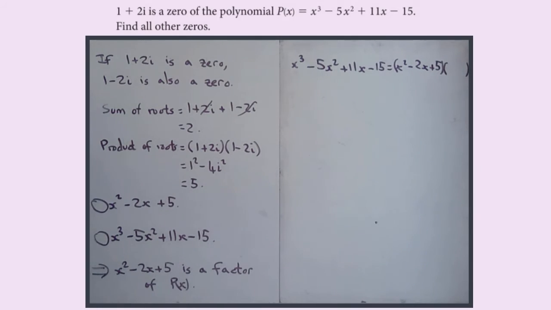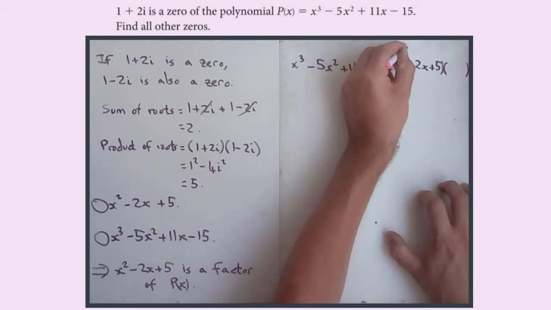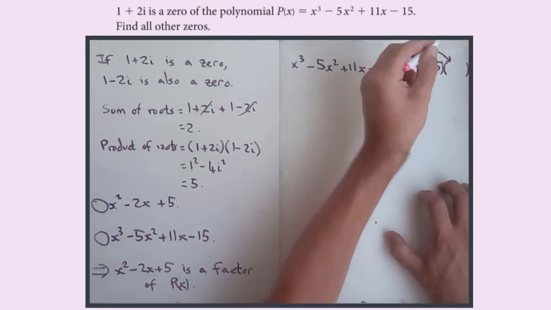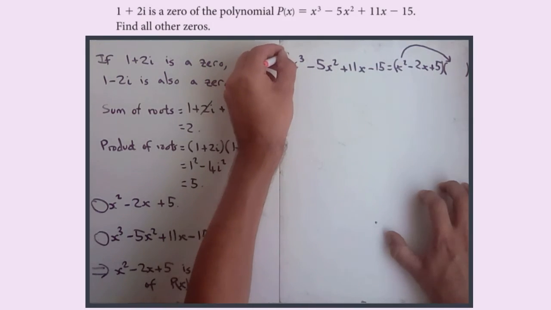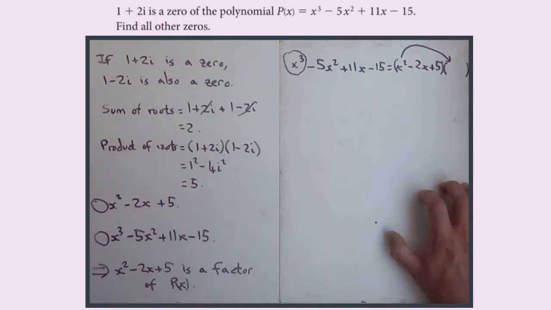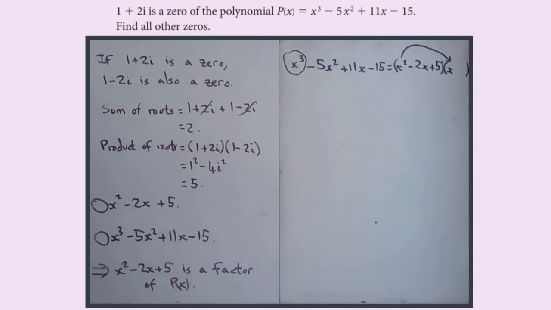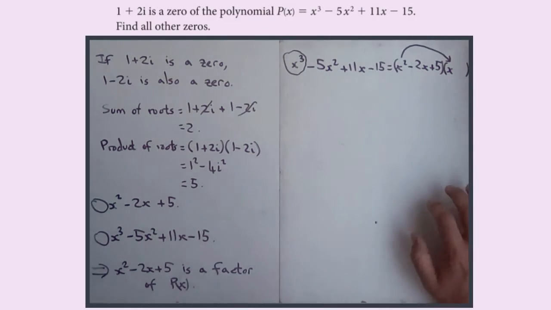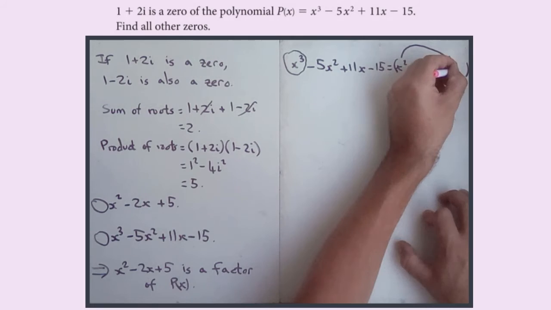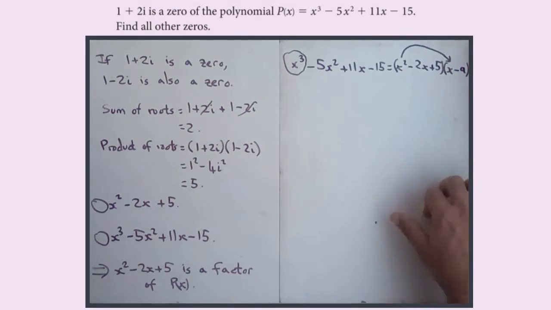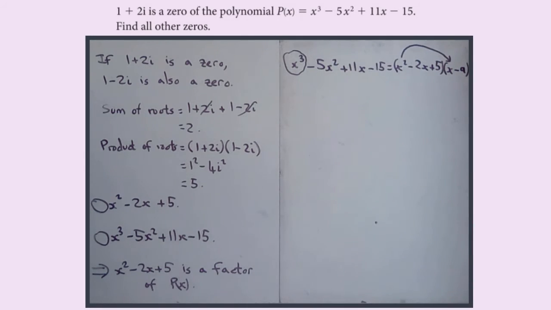Again, you could put ax plus b or something like that, but if you think about the first term, we've got to make x cubed, so that has to be an x in there. And then we're looking to make a 0, so if we consider x minus some a, then that would mean a would be our 0. You can write plus a if you like, but then if you're going to turn it into a 0 later, you are going to have to reverse the sign.